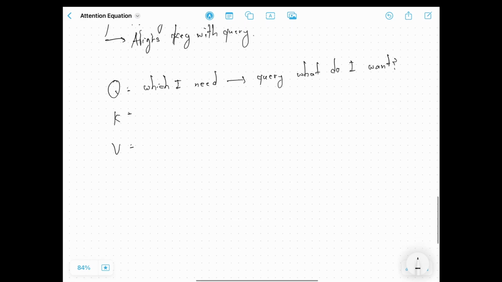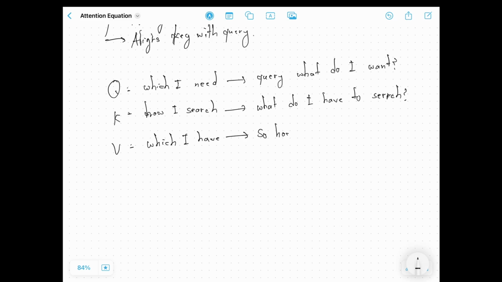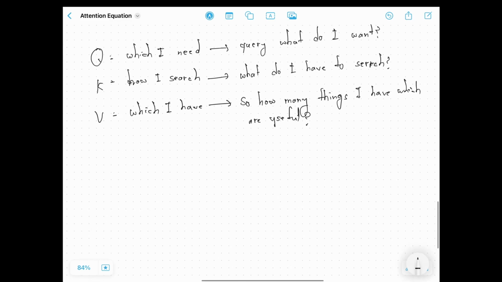Key is something for how I search: what do I have to search? Value is something which I have. So how many things do I have which are useful for you? These are the three things.